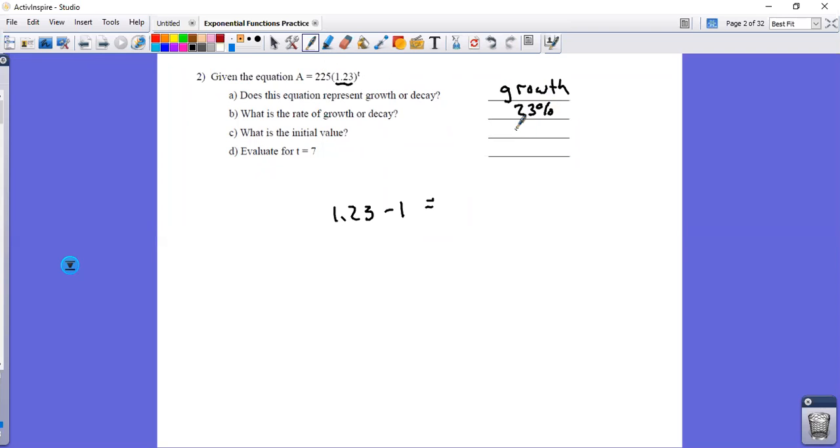The initial value is the 225. And to evaluate for 7, right, 225 times 1.23 to the 7th power. 1.23 to the 7th, 958.34.